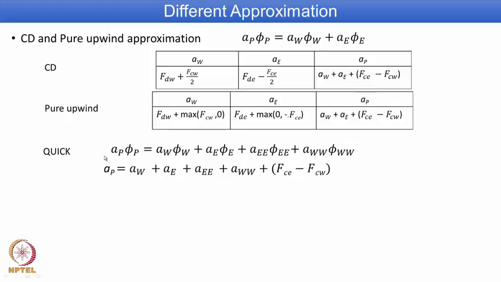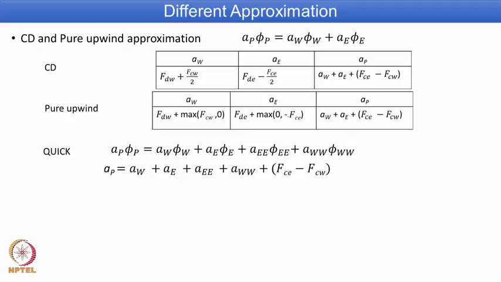So, the final formula is AP phi P equal to AW phi W plus AE phi E plus AEE phi EE, which is east of east, plus AWW phi WW, which is west of west. As usual, the node of interest coefficient AP is related to the neighboring nodes. So, AP equal to AW plus AE plus AEE plus AWW and an additional term.